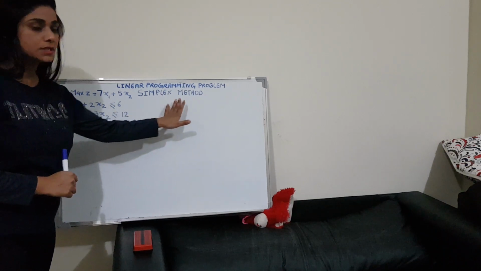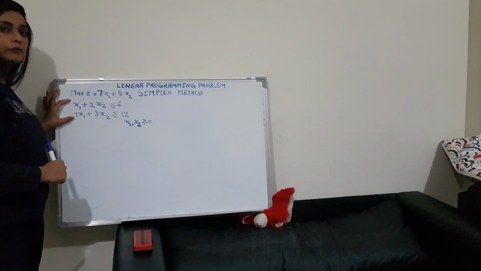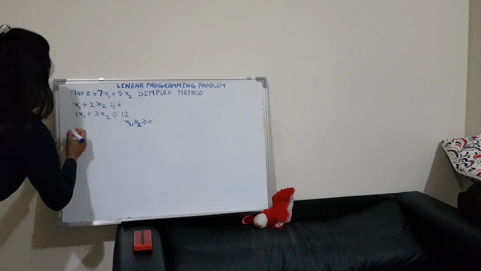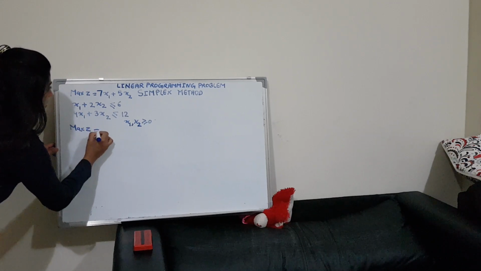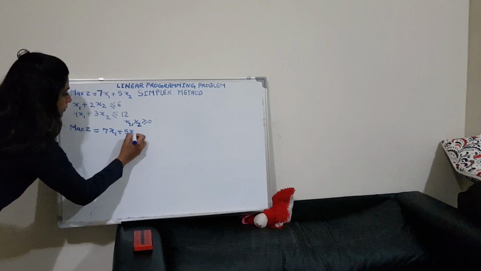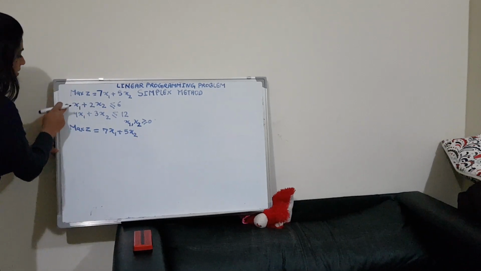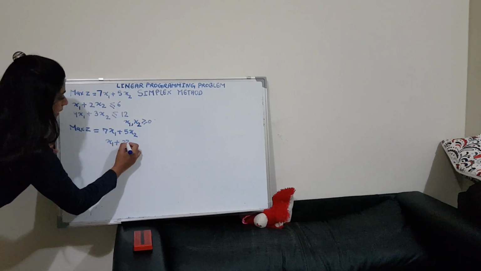Step 1 is we will add slack variable in these two equations. Maximize z is equal to 7x1 plus 5x2. First equation is x1 plus 2x2.